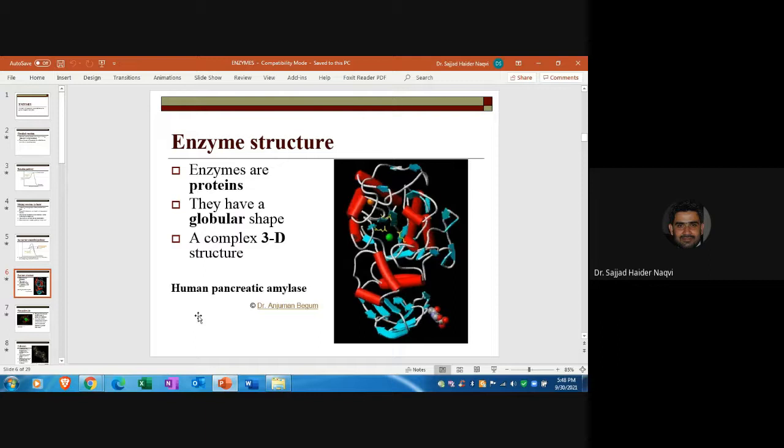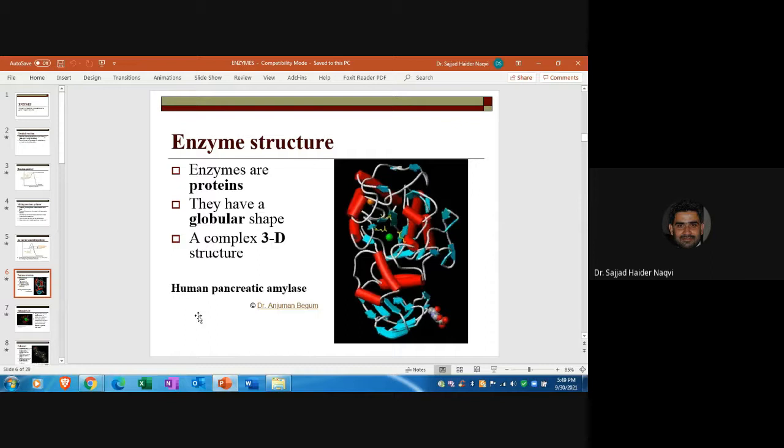As said earlier, enzymes are chemically proteins, and you have already studied the structure of proteins in 311. You know that proteins have primary, secondary, tertiary, and quaternary structure. The levels of these structures play a vital role in the functionality of the protein. A primary or secondary structure of a protein is not a functionally active protein.